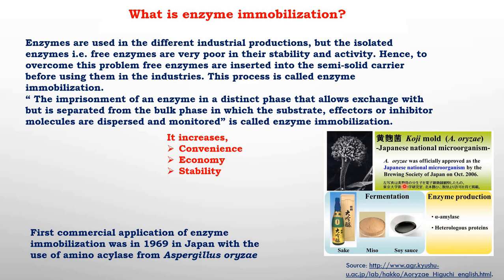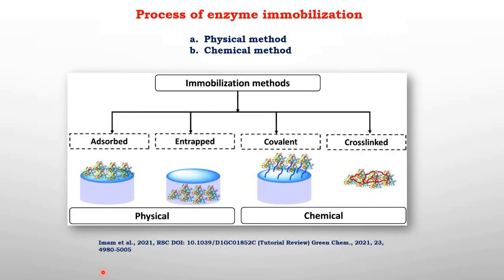It was approved by the Brewing Society of Japan in October 2006. So in 1969, for the first time, an enzyme was immobilized from Aspergillus oryzae, and the enzyme was amino acylase.